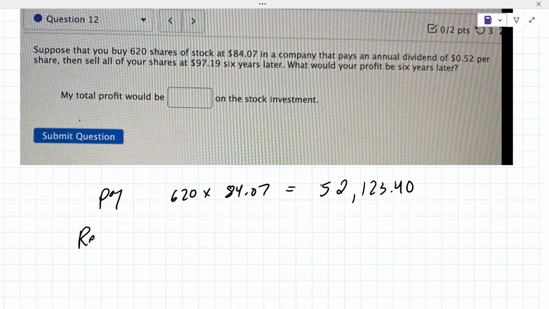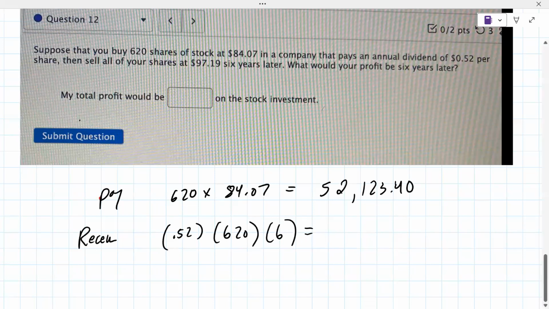Now you receive every year 52 cents times 620. So year one, you get that, year two, you get that. So you get that for 6 years. That's the dividend.